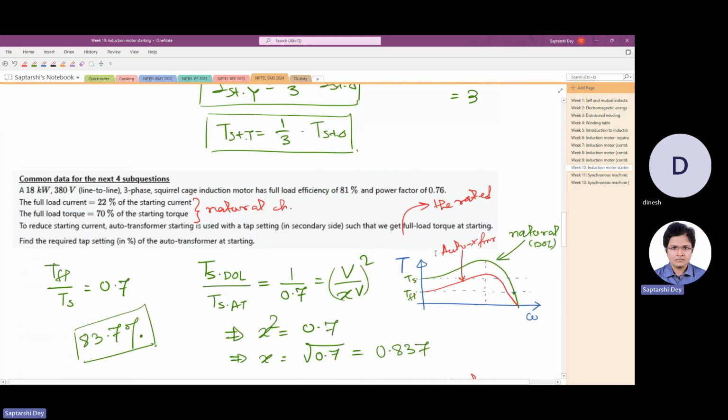So is it understood? This is one problem on auto transformer starting.